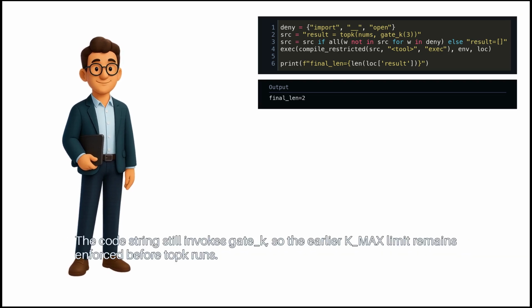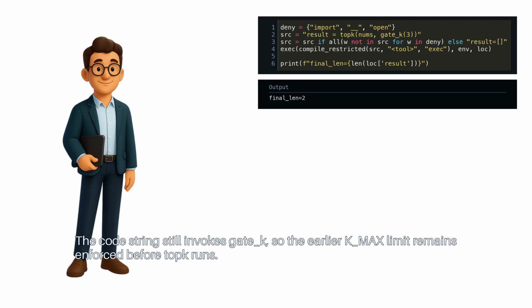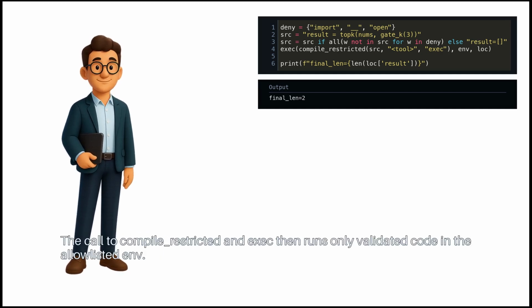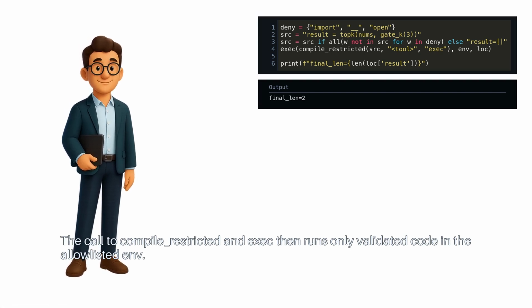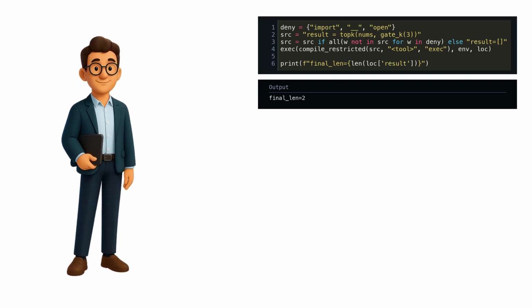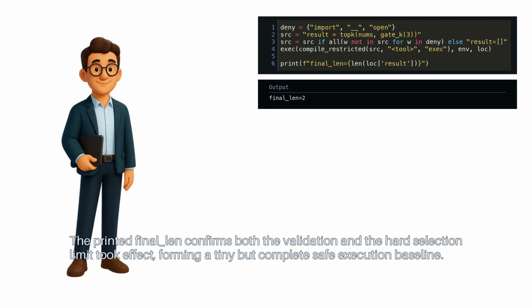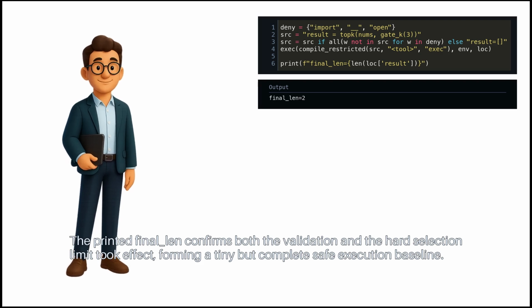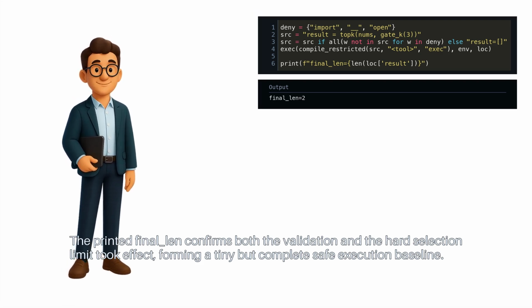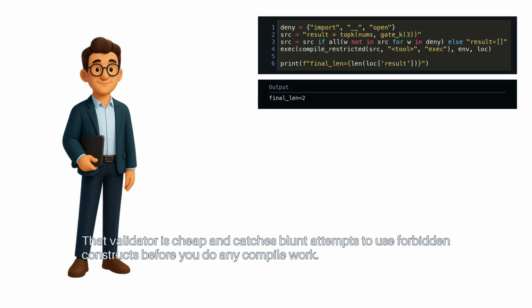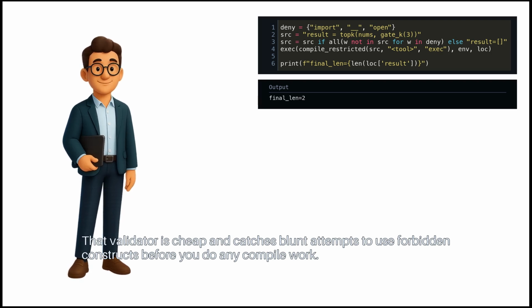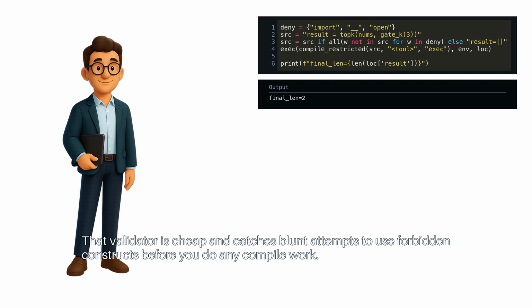The code string still invokes gate_k, so the earlier kmax limit remains enforced before topk runs. The call to compile_restricted and exec then runs only validated code in the allowlisted env. The printed final all_n confirms both the validation and the hard selection limit took effect, forming a tiny but complete safe execution baseline. That validator is cheap and catches blunt attempts to use forbidden constructs before you do any compile work.